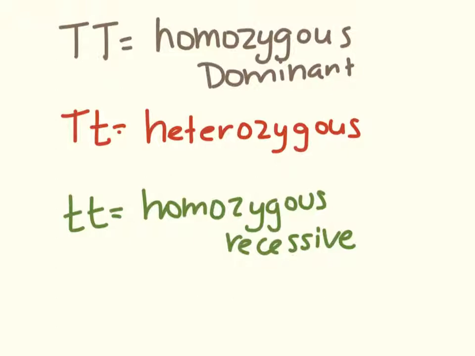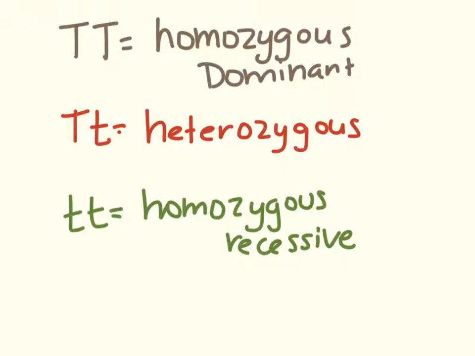Rather than referring to things as capital T, lowercase t, scientists have given words to these different pairings. If the 2 alleles are the same, then we refer to those as being homozygous. And if the 2 alleles are different in an organism, then they are called heterozygous.